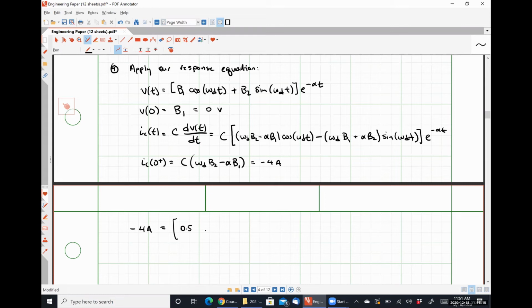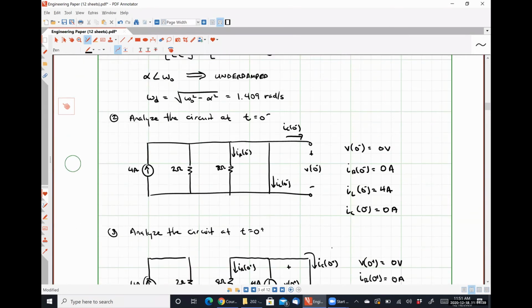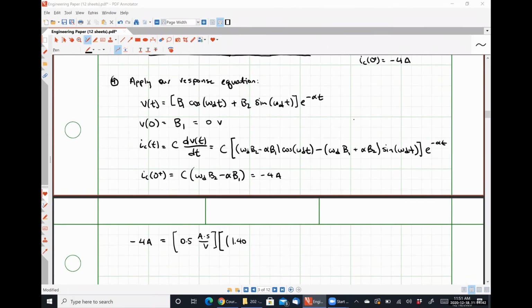I think. Let me double check that. Yes, amp second per volt. Multiplied by omega d, which we know to be 1.409 radians per second, times B2, which we don't know, minus alpha times B1, which is 0, so I'm going to leave that part off.